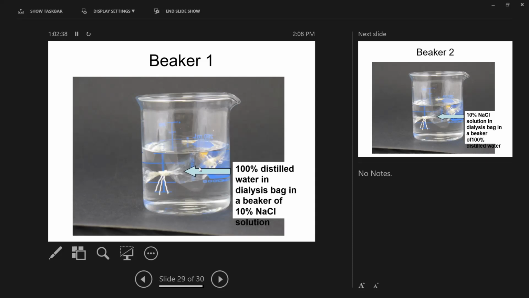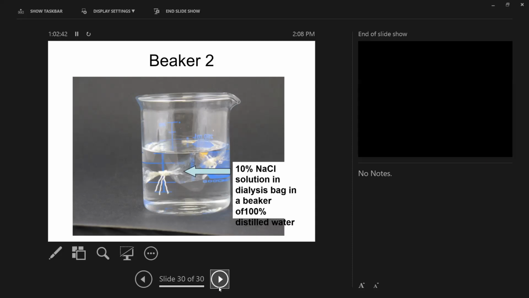We can reverse the experiment. We can do the same approach and take a different bag now, and put a 10% salt solution in the bag, which is 90% water, weigh it, and place it in a beaker of 100% distilled water. So the higher water concentration is out in the beaker, and the lower water concentration, even at 90%, is inside the artificial cell.